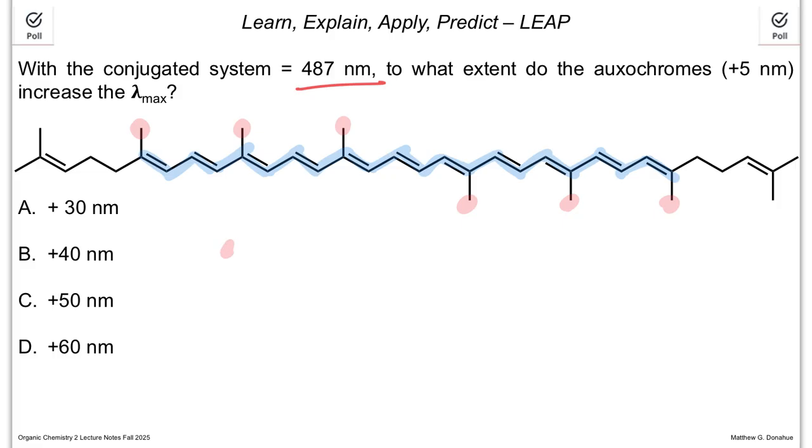So we'll say the red equals methyl. So 6 times 5 nanometers. That gets us to plus 30, but this other thing coming off, we're going to approximate as well as a methyl group.